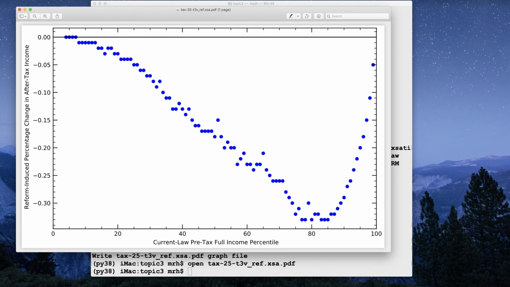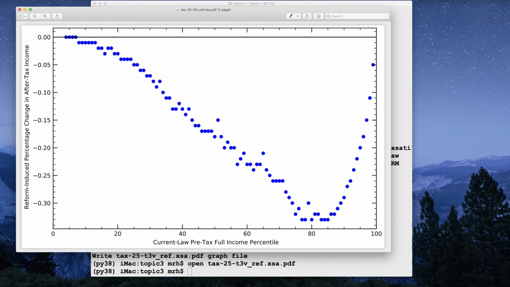But what it does show is what you'd expect. People that lose a deduction in the higher tax brackets, it raises their taxable income. It raises people's taxable income the same amount, but because you're in a higher tax bracket, your tax liability goes up more.